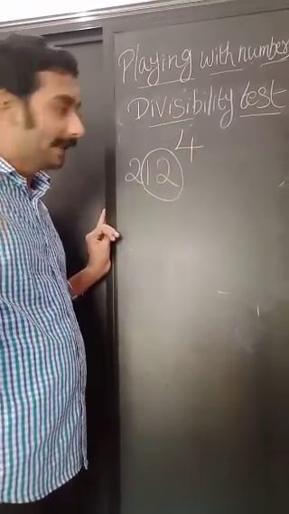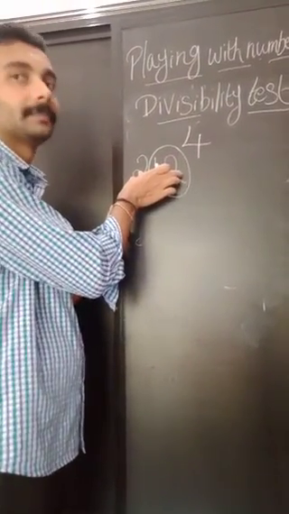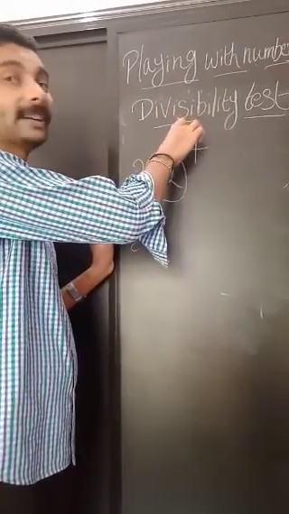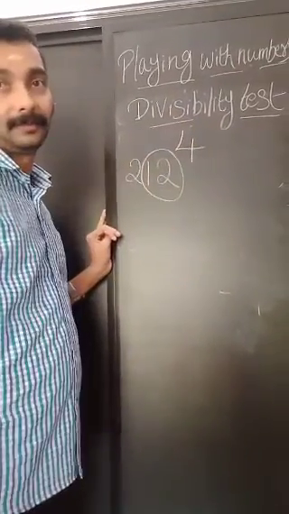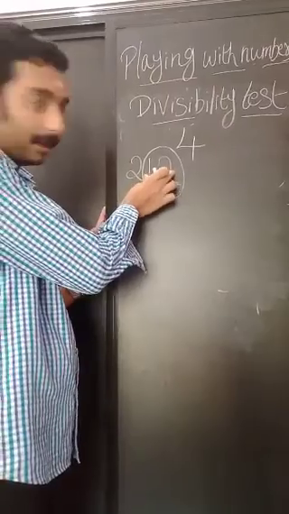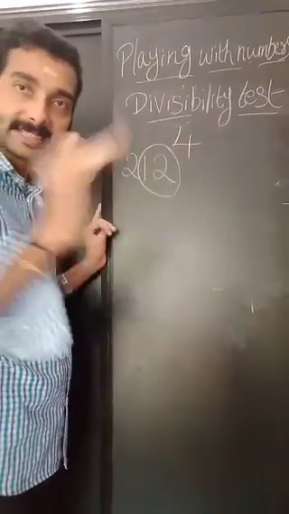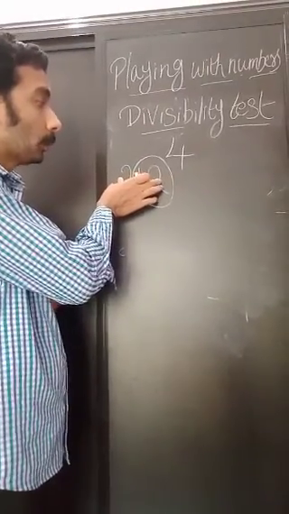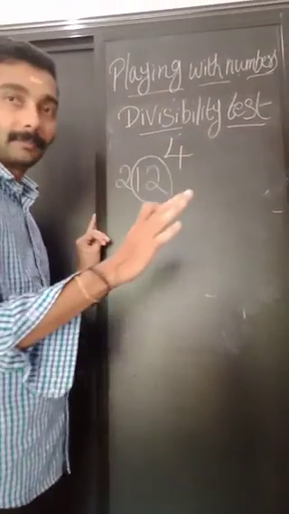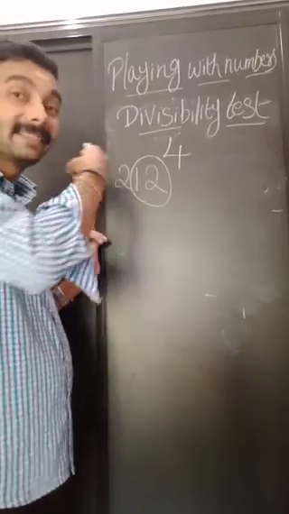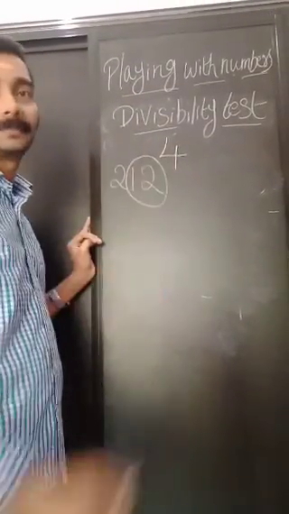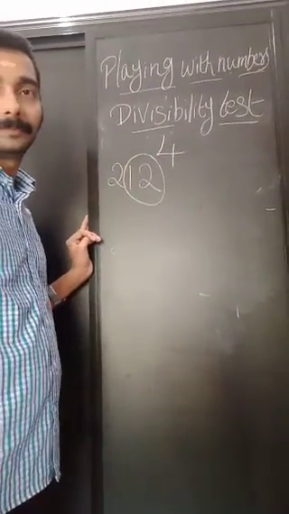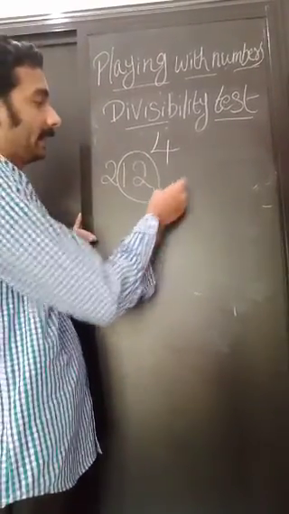That means 212 is also divisible by 4. It is correct.